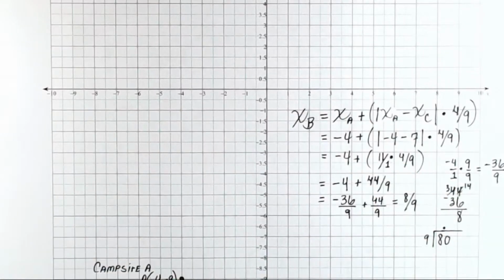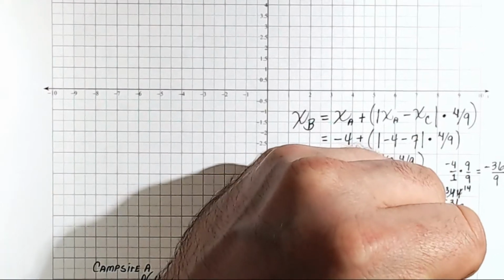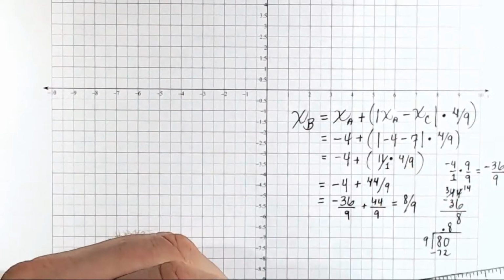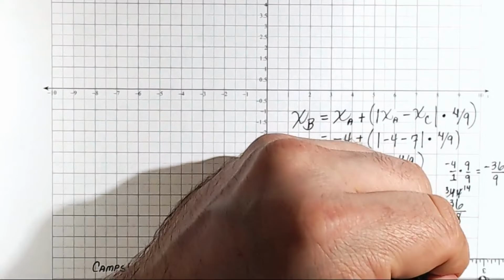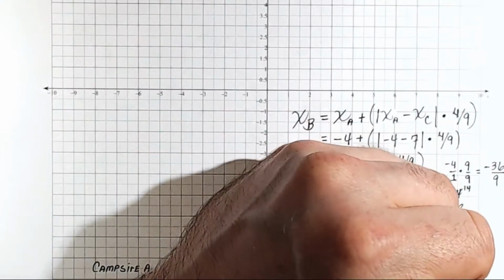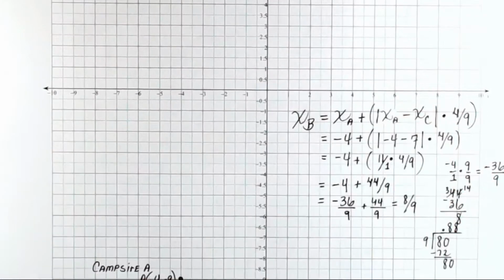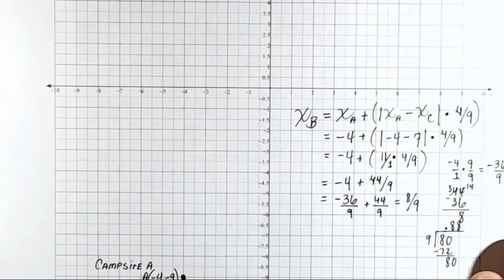Well, sure. 9 goes into 80 8 times. 8 times 9 is 72. And 80 minus 72 is 8. Bring down a 0. 9 goes into 80 8 times. And just understand it's going to continue 0.888888 like that.